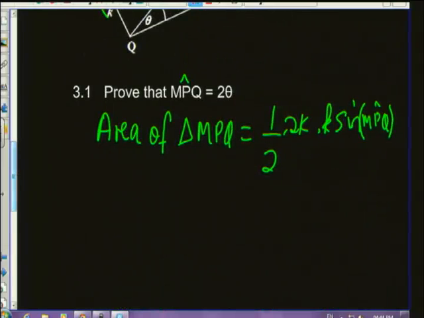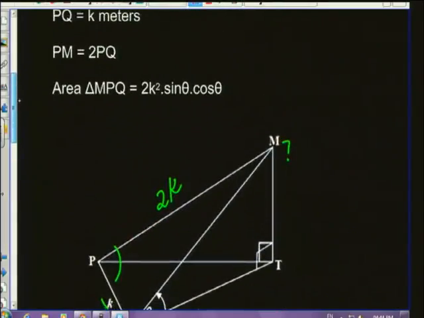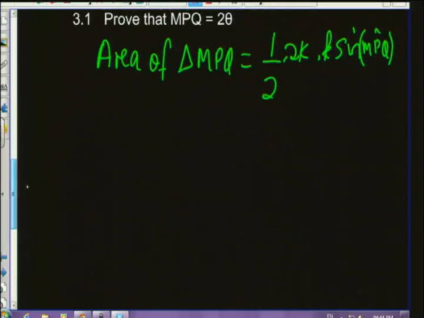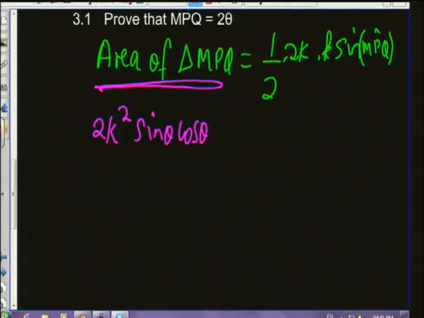But the nice thing about this question is that they've given us the area, 2K squared sine theta cos theta. So 2K squared sine theta cos theta equals half times 2K times K sine MPQ. The 2 divides the 2, so we've got K by K, which gives us K squared sine of MPQ.